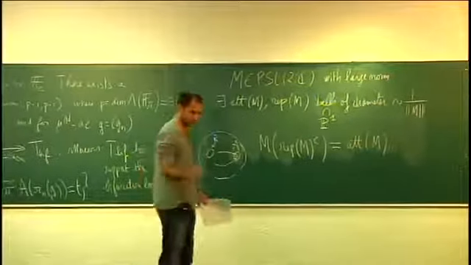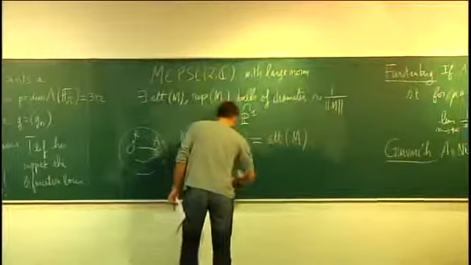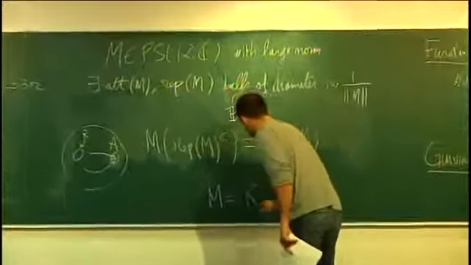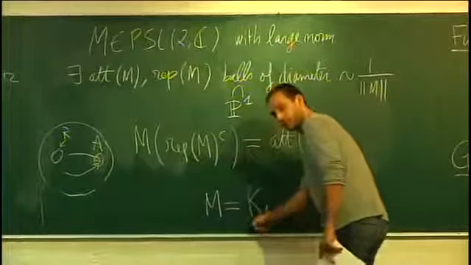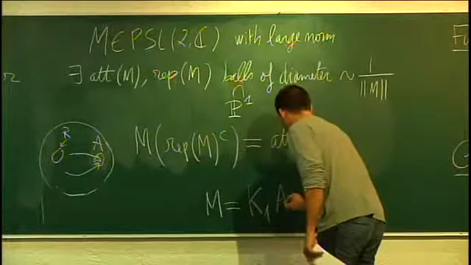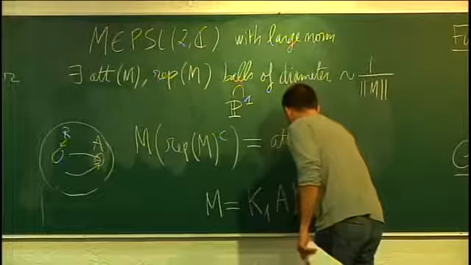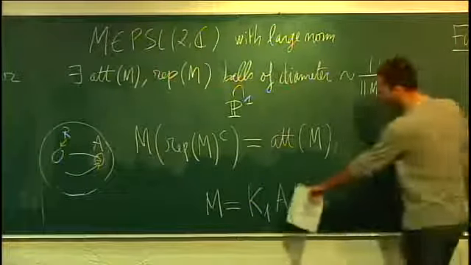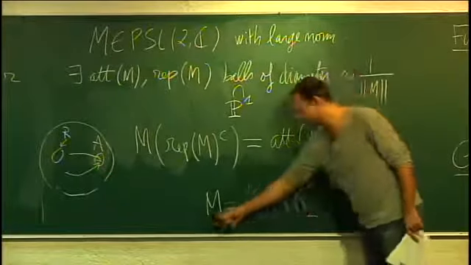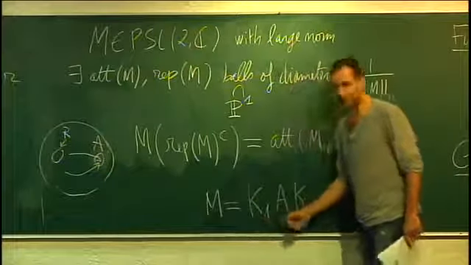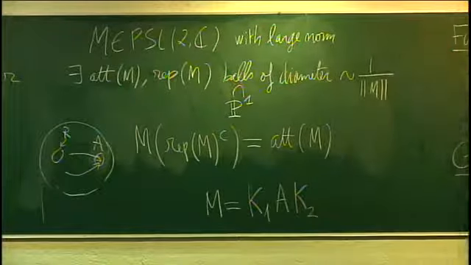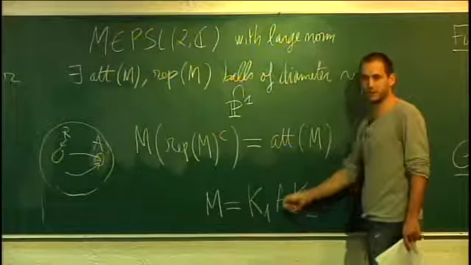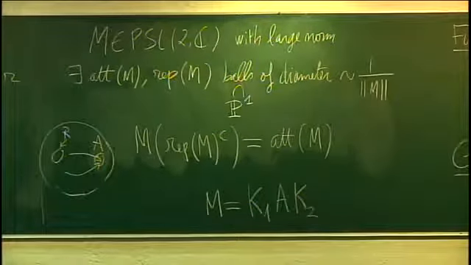Proof: you can always write a matrix as a matrix in SU2 times a diagonal matrix times another matrix in SU2. Then for a diagonal matrix it is clear. The norm of the matrix A is the same as the norm of the matrix M. So A is big, and it is clear because you have the point at infinity. And then the attracting and repelling balls are the images of the ball around 0 and the ball around infinity by K1 and K2. Think about that.